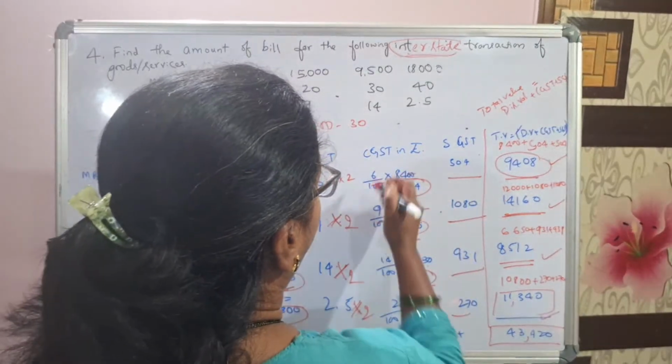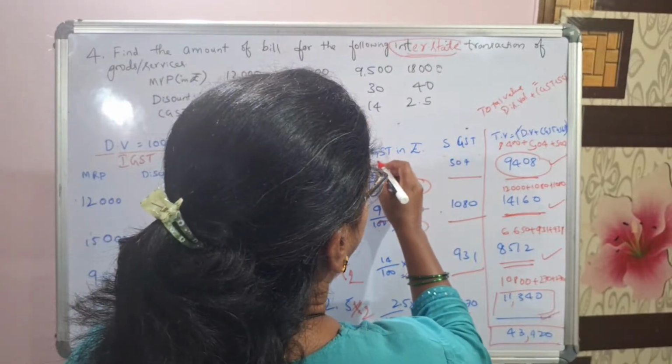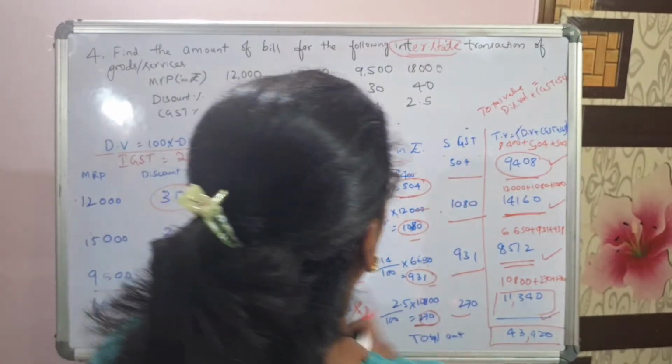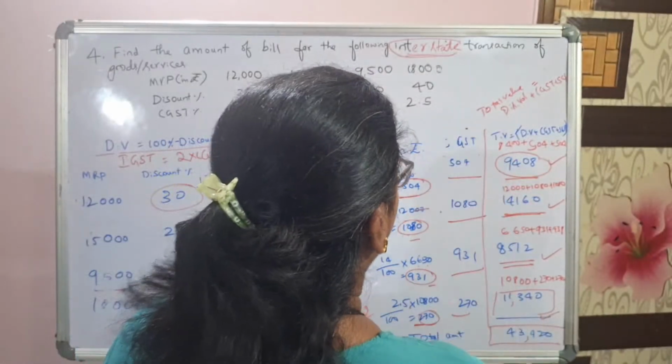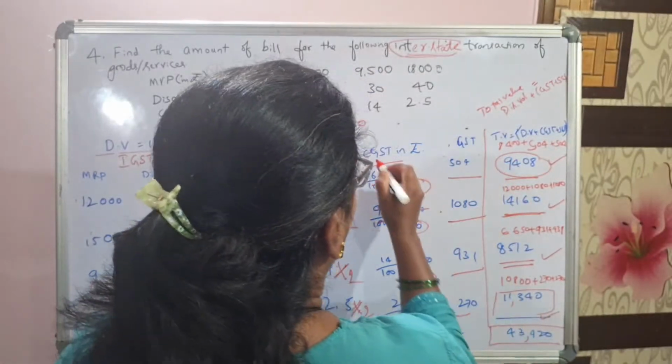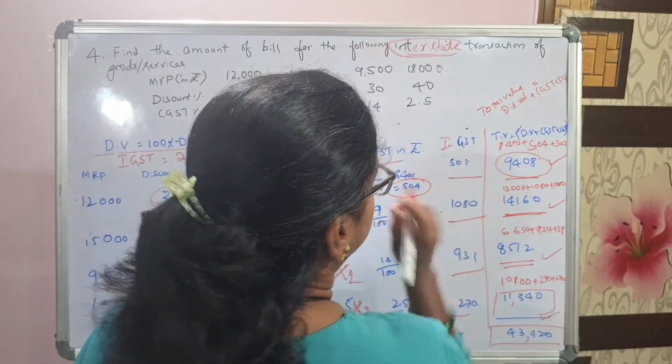Instead of calculating both CGST and IGST, a small change is needed. Let the CGST table stay as it is; here I will change IGST.